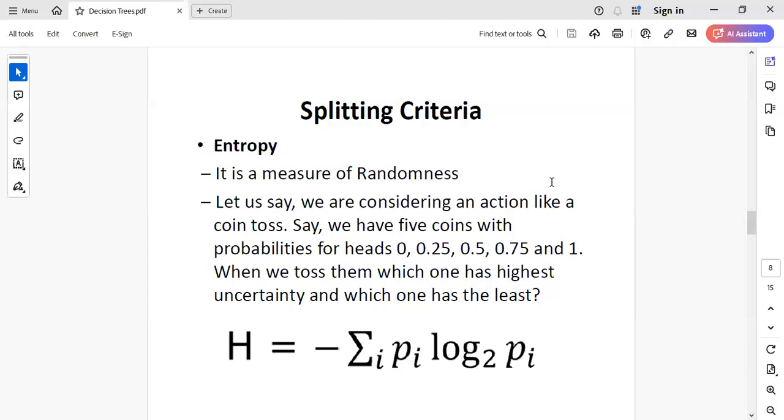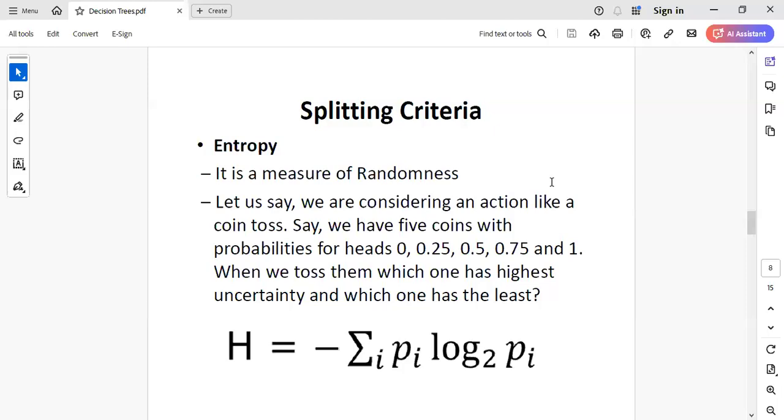This is a statistical formula, so don't panic about it. If you are not comfortable with it, please leave it, but keep a light knowledge of it, because tomorrow if someone asks on what basis the data is split, can you give me any one criterion?